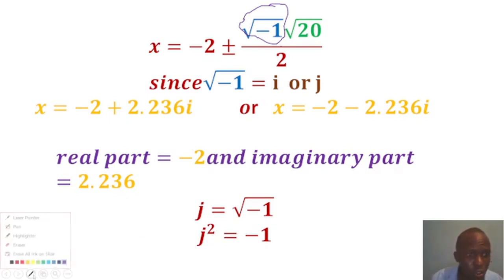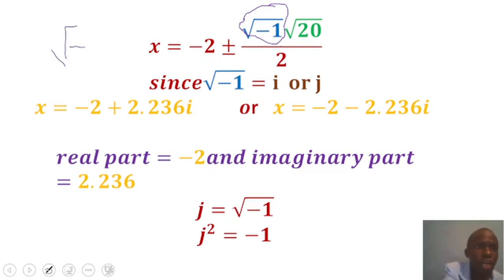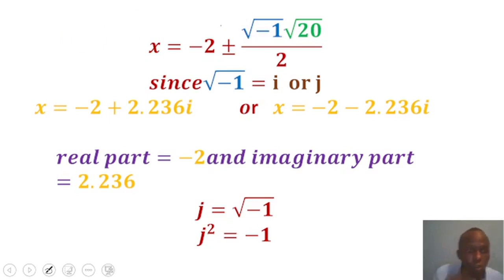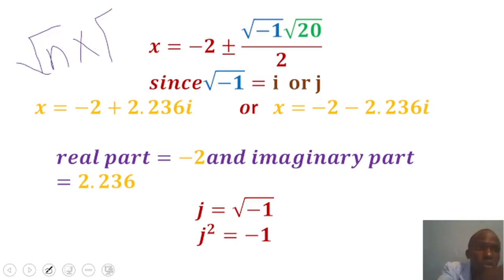We are saying so because the square root of -1 times the square root of -1 is equal to -1. The square root of a number multiplied by the square root of that number is equal to that number.